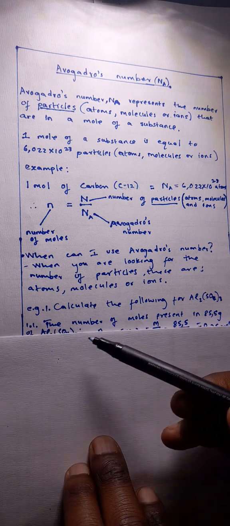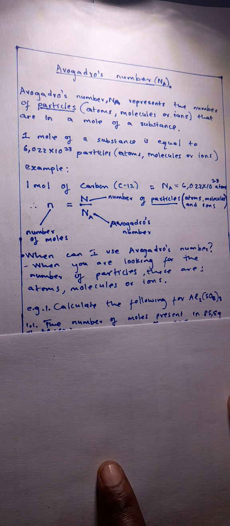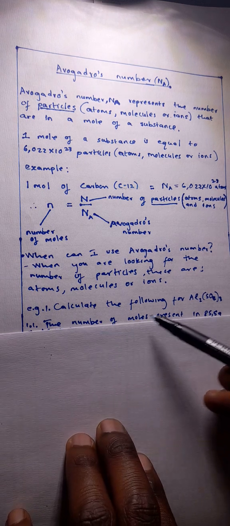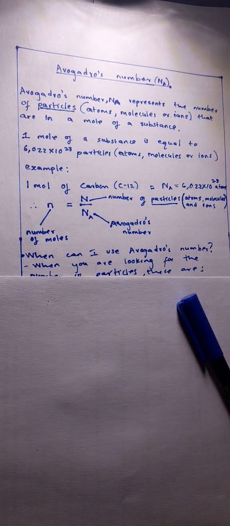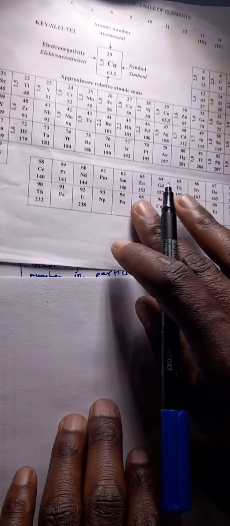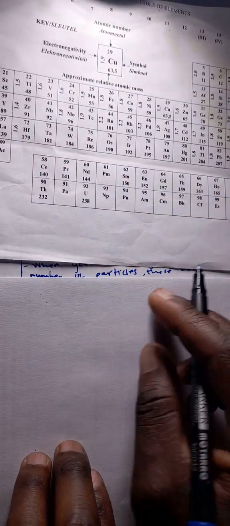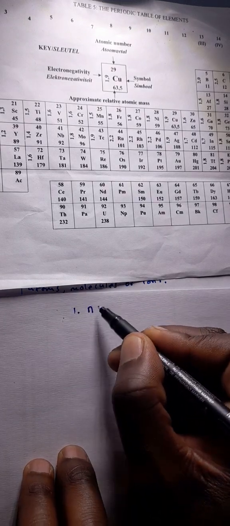Now, the number of moles present in 85.5 grams, we are going to do that together. And I have my periodic table with me. So we are looking for the number of moles of aluminium.